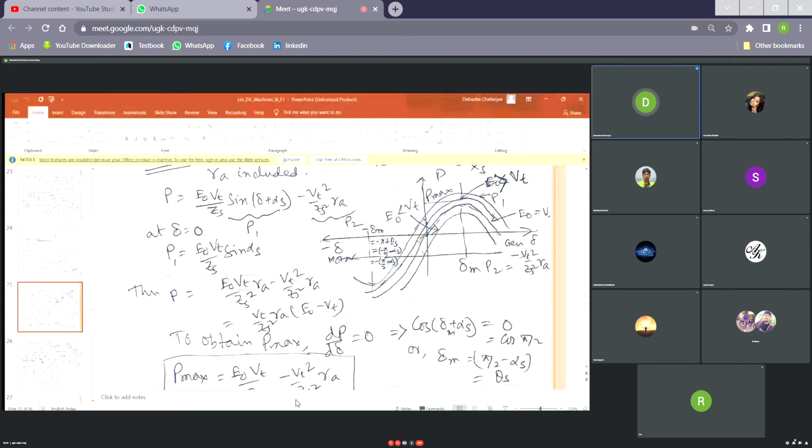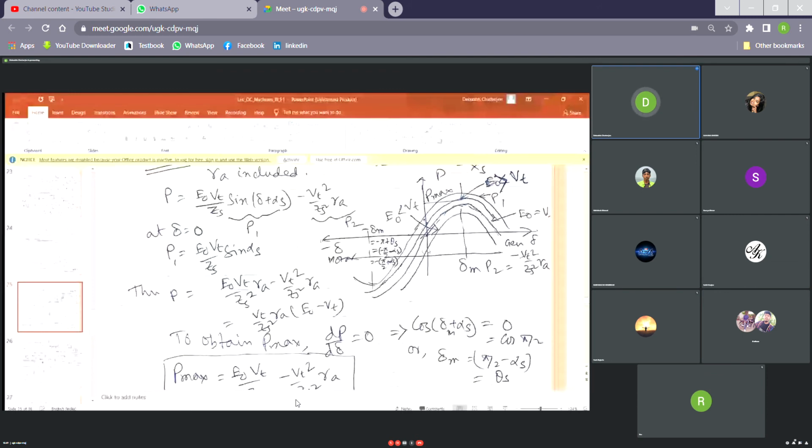If you put delta equal to 0, you get E0 Vt by Zs sine alpha s minus Vt square by Zs square Ra, the resultant plot. That is E0 Vt by Zs square Ra minus Vt square by Zs square Ra. If you take Vt square by Zs square Ra common, you get E0 minus Vt, into E0 minus Vt.